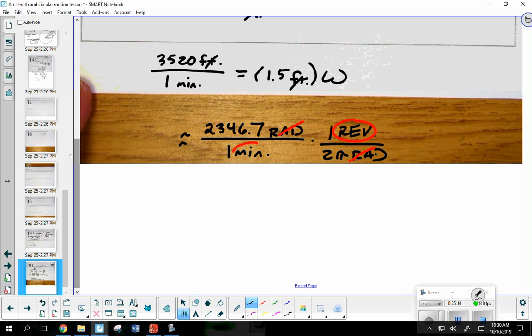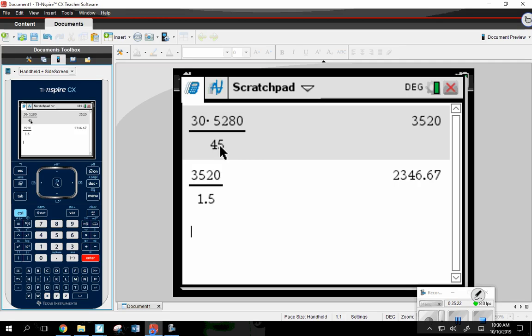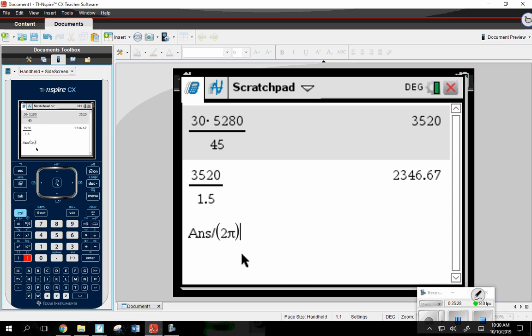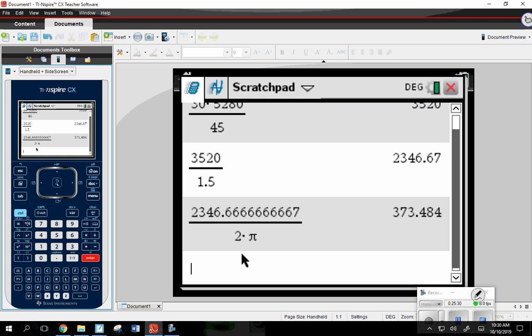There's my revolutions per minute. All I need to do is take that decimal and divide by 2 pi. So I'm getting 373.5 revolutions per minute.